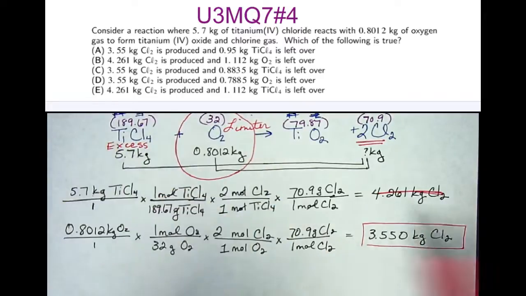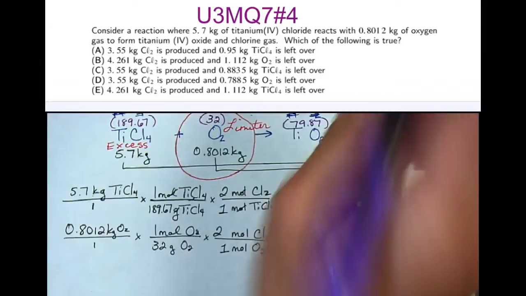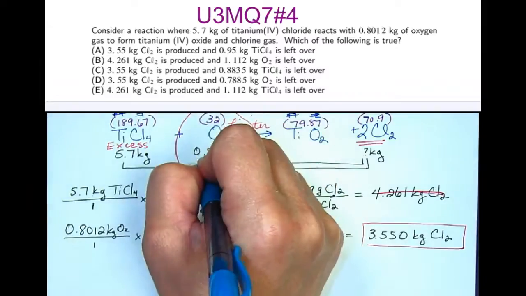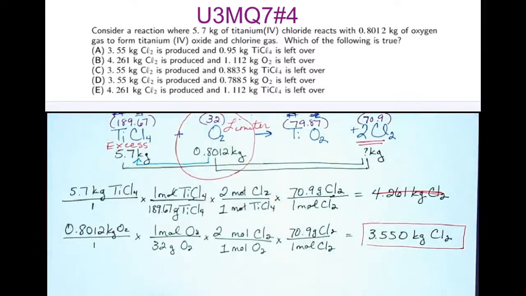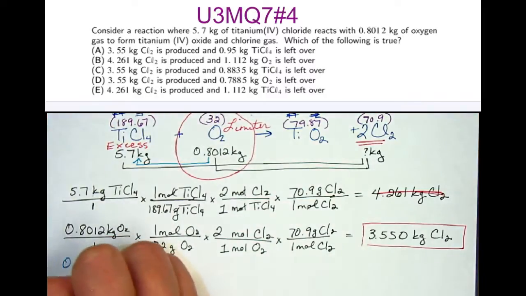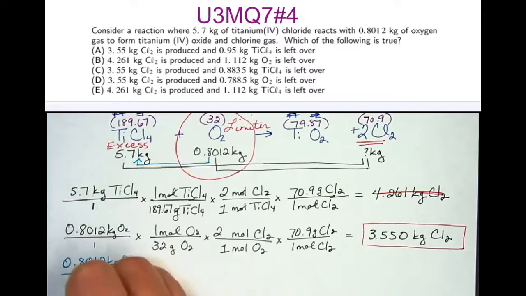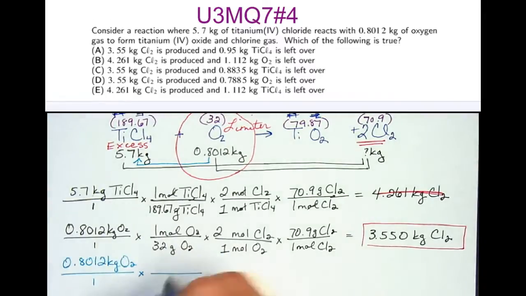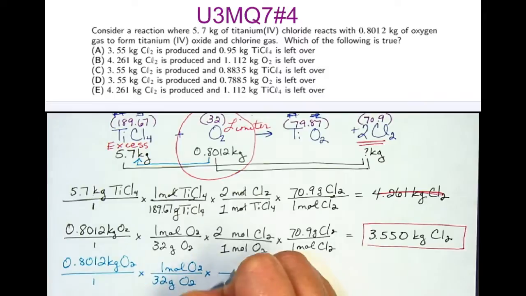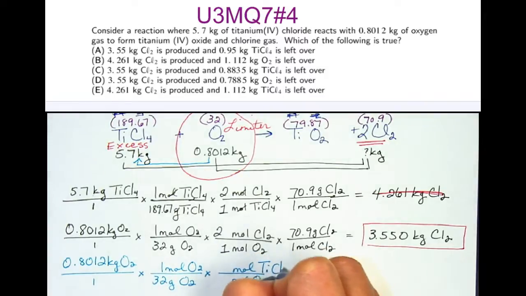So now I'm going to have to stoich from the oxygen to the titanium 4 chloride, which I'll do here. Start with the amount of oxygen given. We're going to do the mole-to-mole ratio between oxygen and titanium 4 chloride.